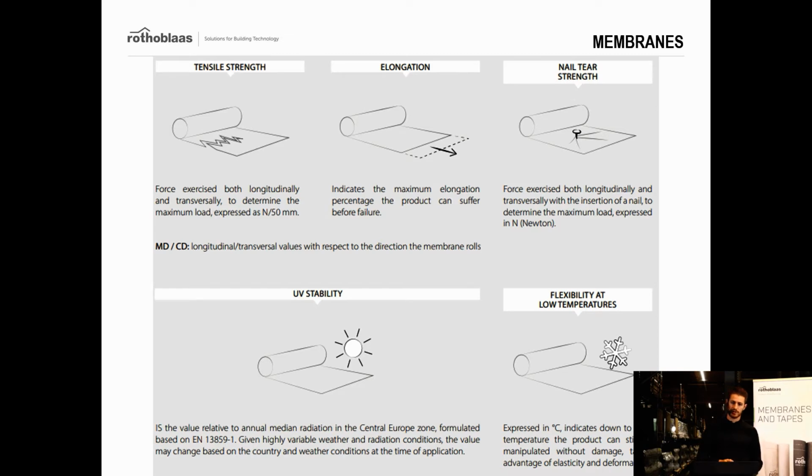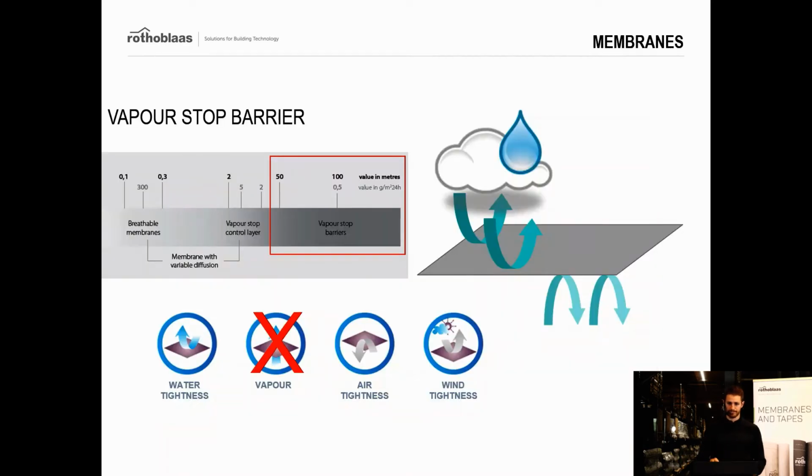So you have to make sure that you prevent this. You don't leave your membrane for too long outside. Low temperature can be a problem, but is less of a problem, really.